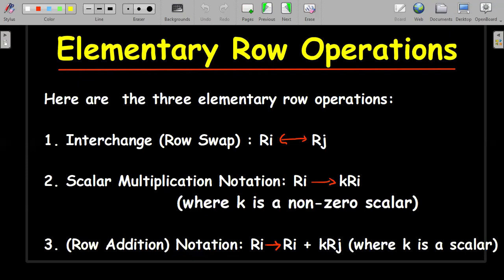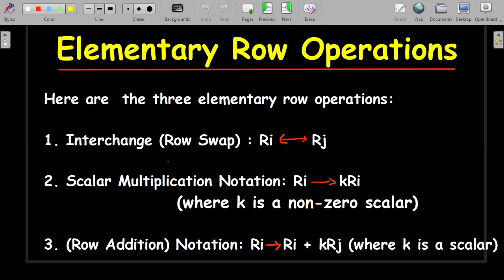There are 3 of them. So guys, please understand these elementary row operations, because if you don't, you won't be able to put any matrix in row echelon form or reduced row echelon form. There are only 3 elementary row operations. Don't create your own. Just use these 3 that you can see here.